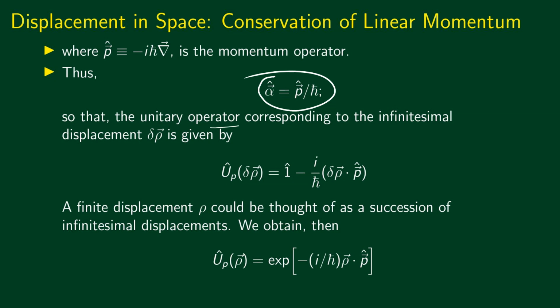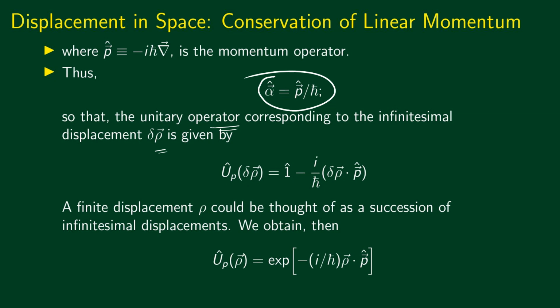Okay. Now we have identified the momentum operator as the generator of translations. Now we can write the unitary operator corresponding to the infinitesimal displacement delta rho vector as U hat subscript p of delta rho vector. Right? We put the subscript p here because we have found that momentum is the generator of translations. Delta rho vector is the parameter. Actually, it's a collection of three parameters because we are dealing with displacements in three dimensions.